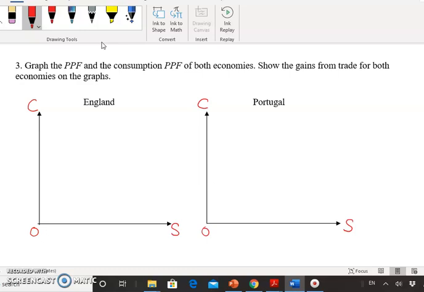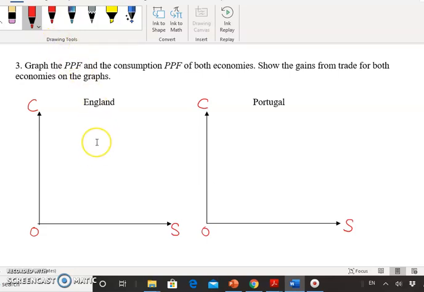We could just look at the two corner solutions, or two extreme situations, and then connect these two corner points with a straight line, or if you want to use the bowed out curve, that's fine too. Now let me show you how we're going to do that.